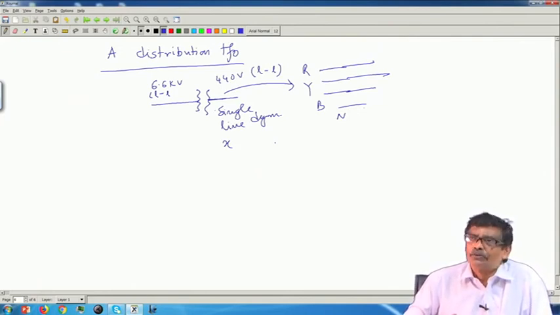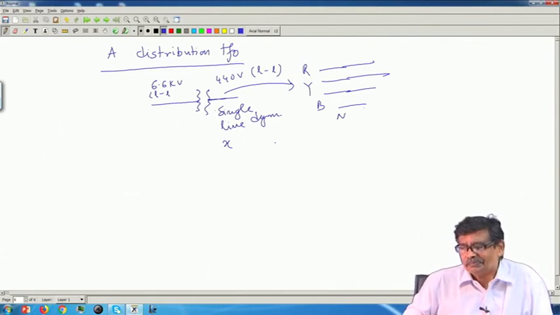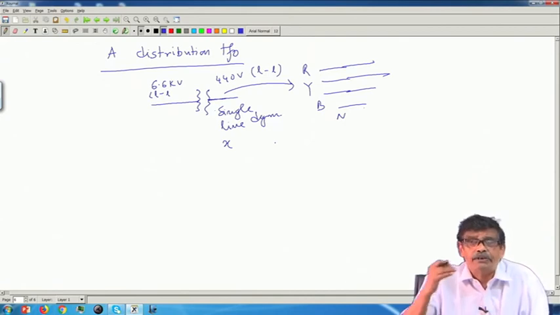Certainly, x equal to 1 at full load condition, you should not demand that, because you are fully aware that the load on the secondary of the transformer goes on changing.